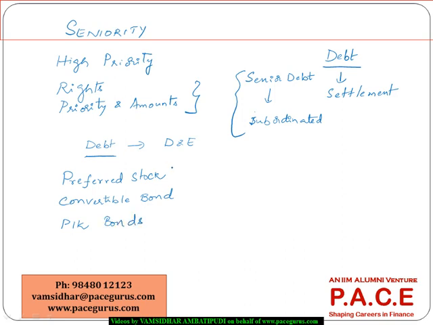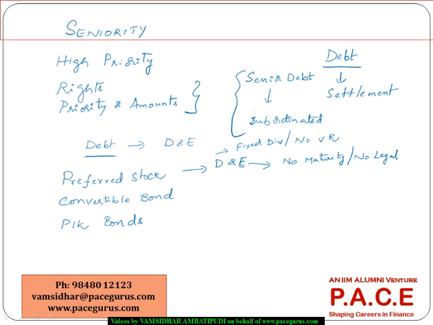Now, preferred stock is a mix of debt and equity. Why so? It pays a fixed amount of dividend every year, just like a debt, with no voting rights. So some characteristics of debt exist in this kind of instrument, whereas it also has no maturity date, which is a characteristic of equity investments, and no legal obligation to pay dividend.